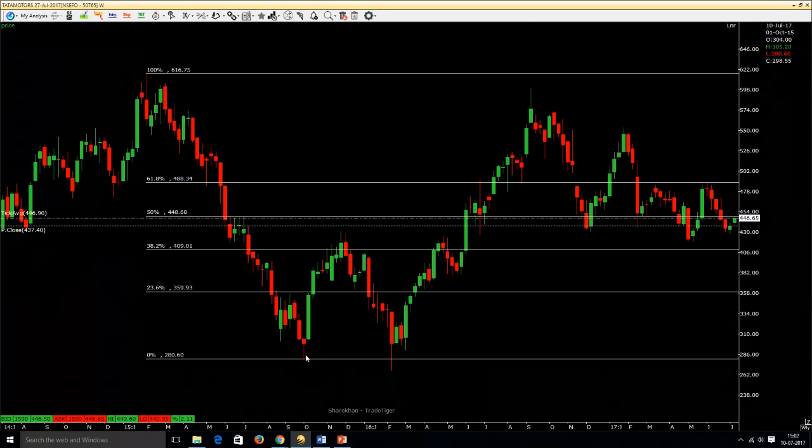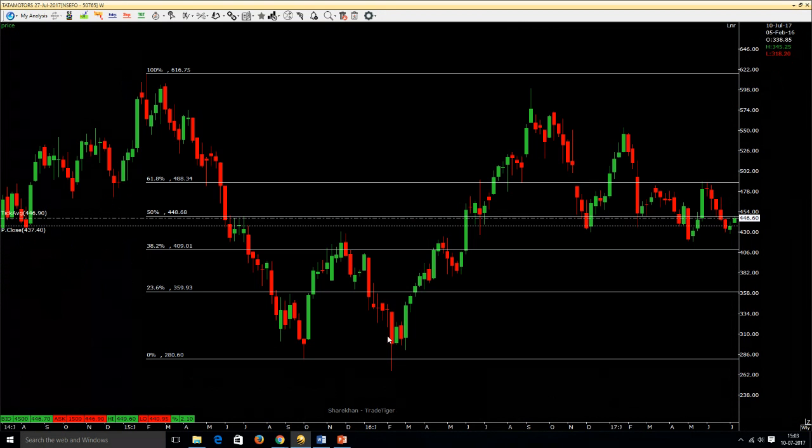From there, it retraces back and ultimately finds its resistance at the 38.2 retracement level, and from that it reverses again. So that's how you can go for your targets, because as per this 38.2% retracement level, it's acting as a very good amount of resistance here.